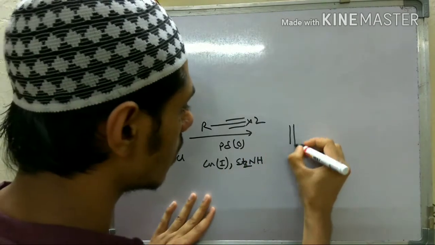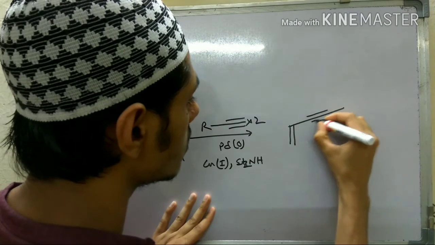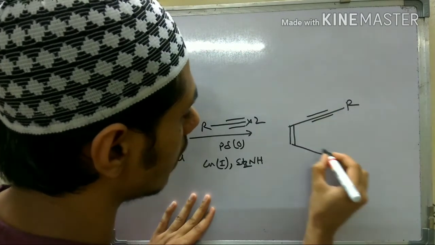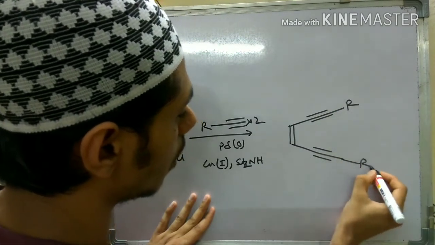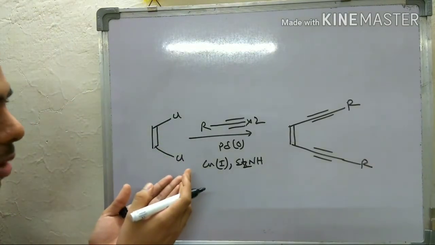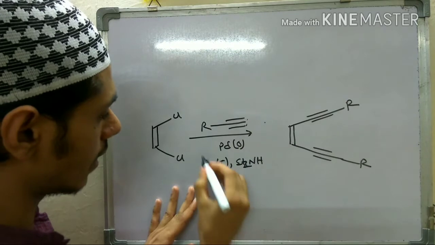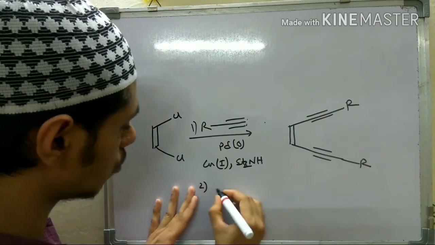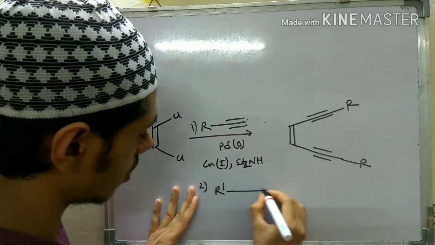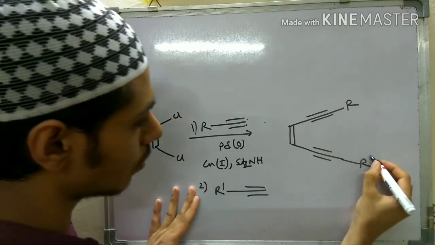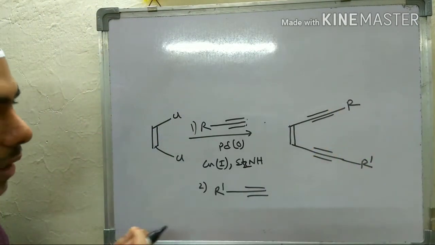Then you can get this compound, where both of these alkyne partners are coupled. Or if you do the reaction in a stepwise manner, let's say in step 1 you add this R, and in step 2 you put R dash, another group, so here you will have R dash. So this type of compound we will get.